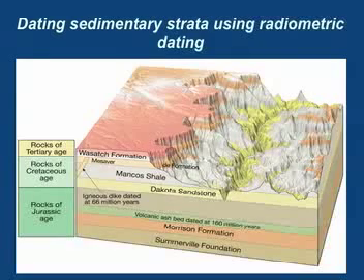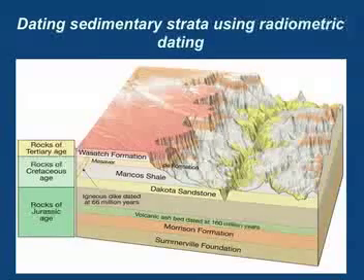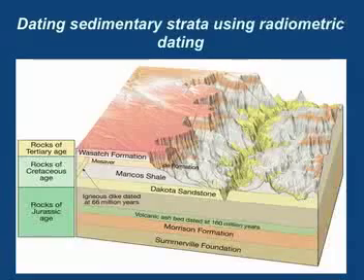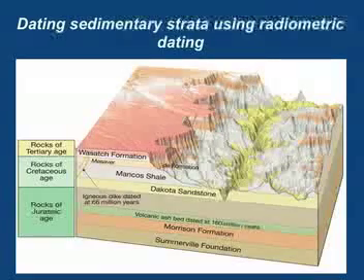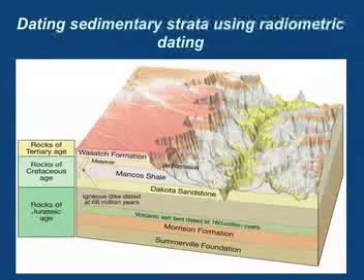It must be younger than 160 million years, because I find it sitting on top. Now we can also look at that igneous dike that's 66 million years, so I know the Dakota sandstone has to be between 66 and 160 million years. I can narrow it down using fossils, but right here, that's all you can say. The Mancos Shale must be older than 66 million years old. So we usually can bracket it pretty well, and then we can use fossils to figure it out a little bit more carefully.